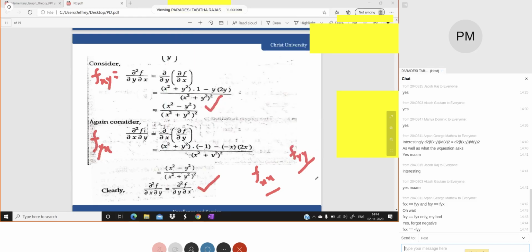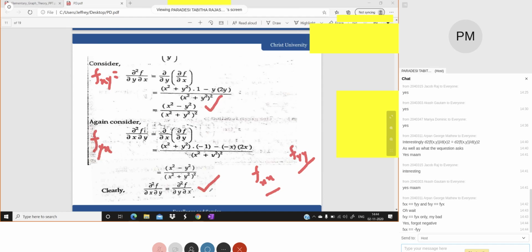They're not equal, Arpan, these two? Yeah, he says fxy is minus of fyx. Okay, anybody on this slide doing it?